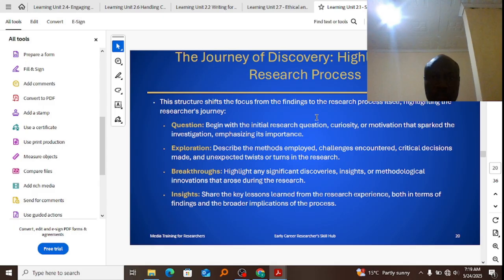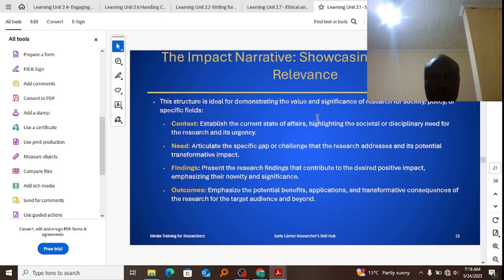implications of the process. The impact narrative, showcasing real-world relevance. The structure is ideal for demonstrating the value and significance of research for society, policy, or specific fields. Context: establish the current state of affairs, highlighting the societal or disciplinary need for the research and its urgency.